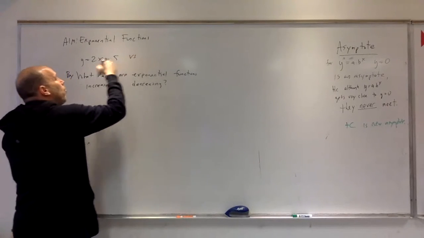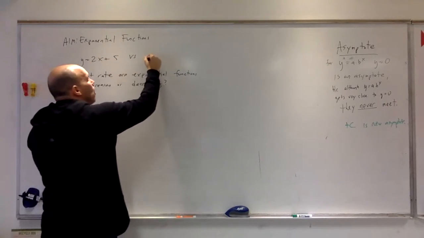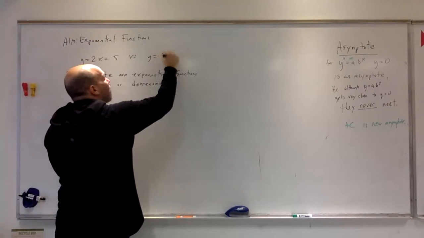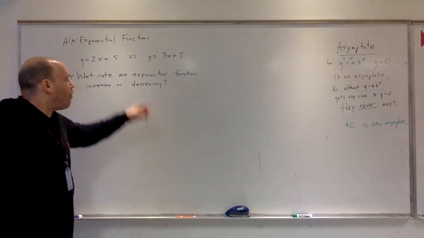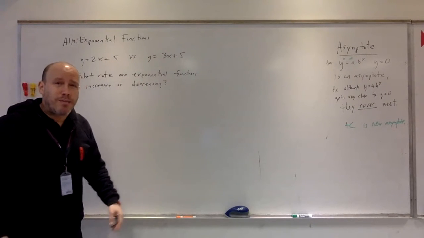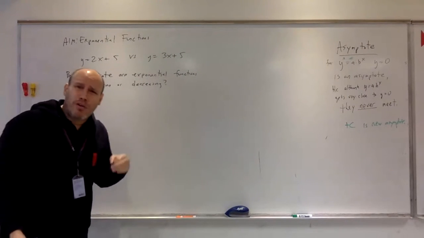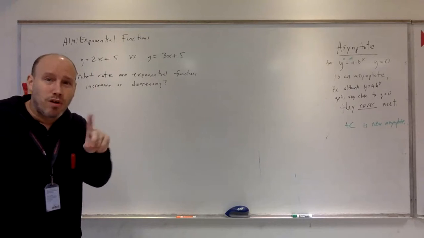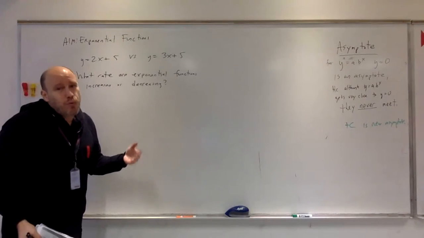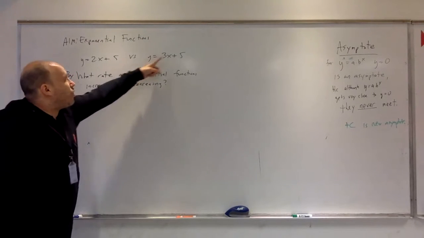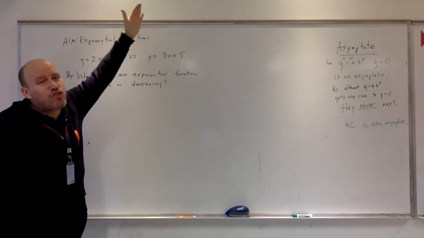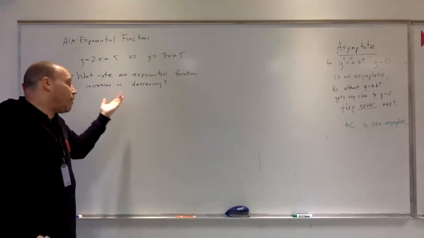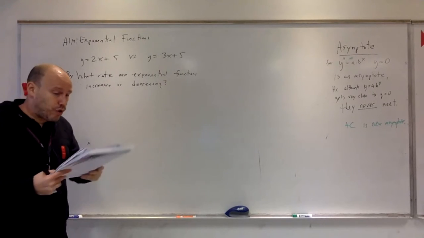How about we compare y equals 2x plus 5 versus y equals 3x plus 5? And so you might say, oh, well, Mr. Elliott, they're both increasing. But I'm going to say, wait a minute, are they both increasing the same? And you go, no. The language we had was, 3x is steeper, or it's increasing faster. Okay? We can apply that same thing to exponentials.